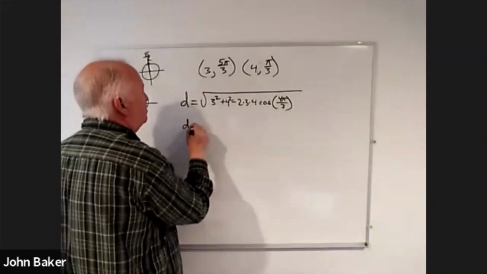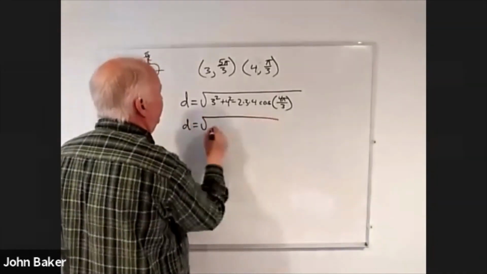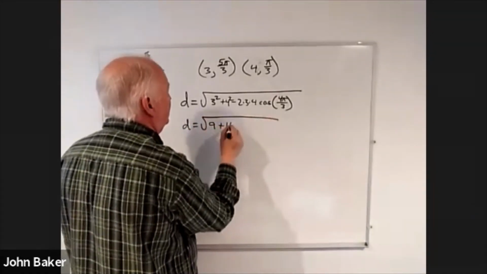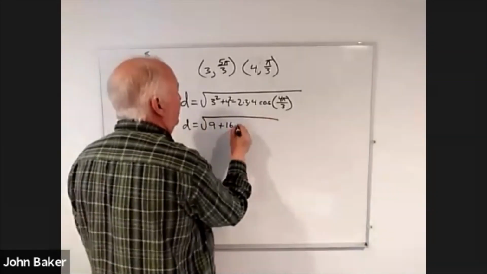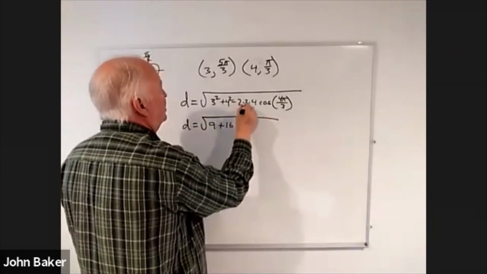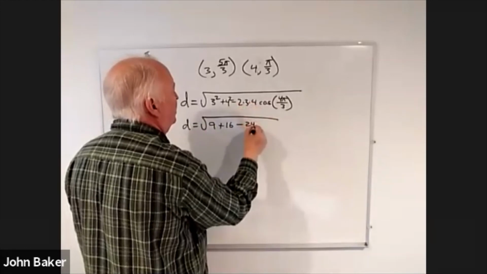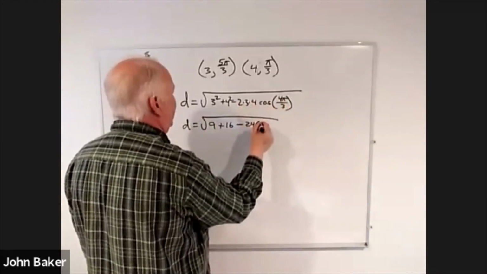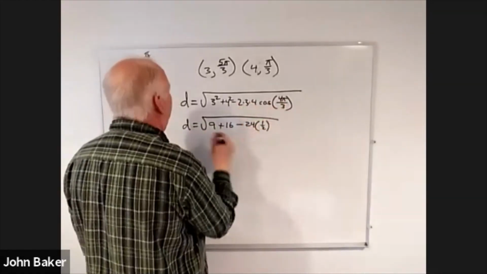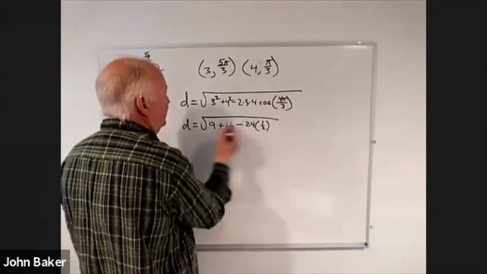So the distance will equal the square root of 9 plus 16 minus 6 times 4 is 24 times... actually, it's -1/2.